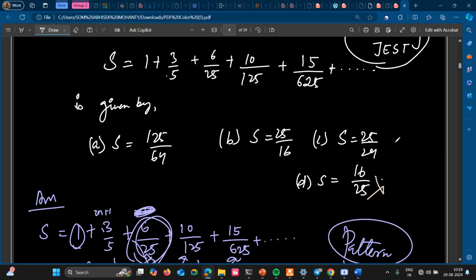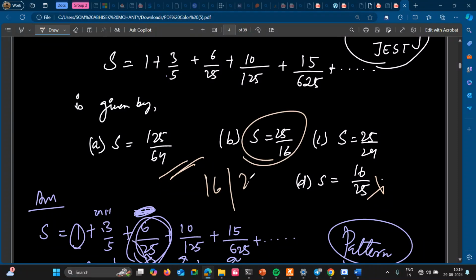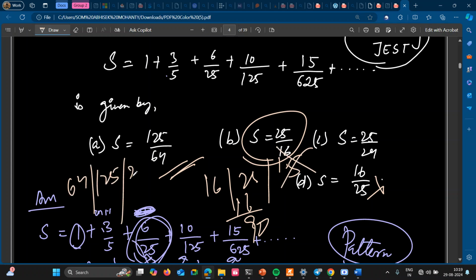I don't think this will be 1.9. Option A would be the correct answer. Oh, sorry, this one is the correct answer.